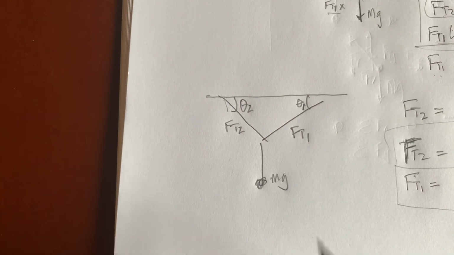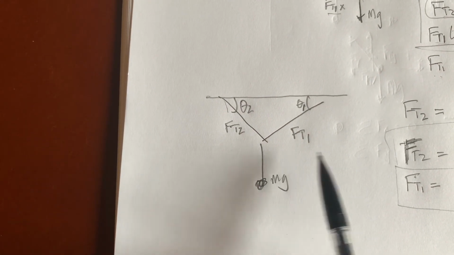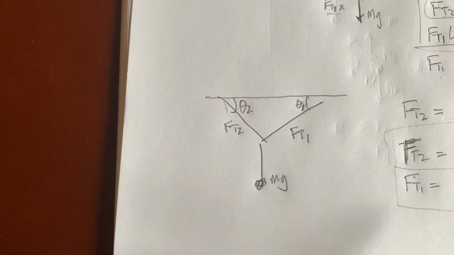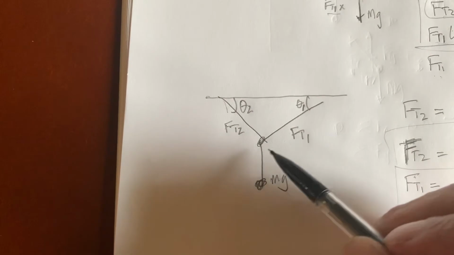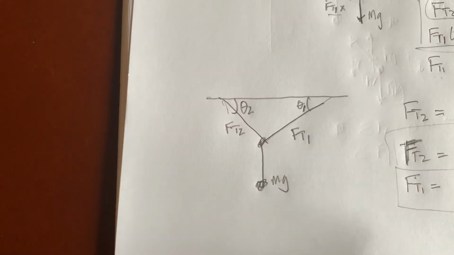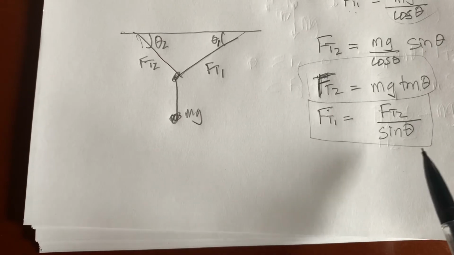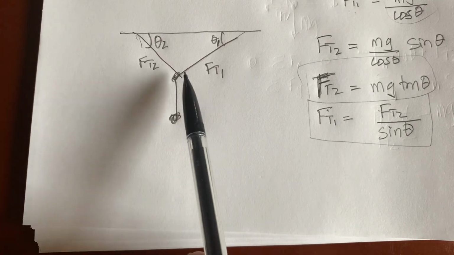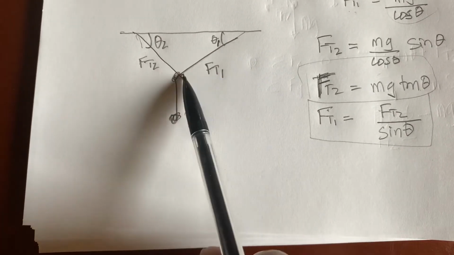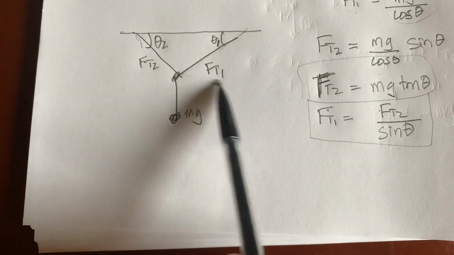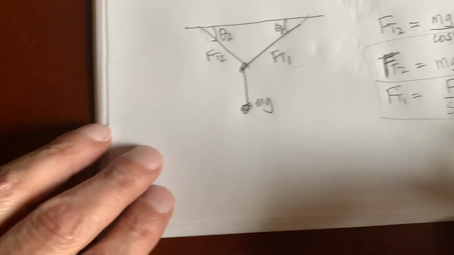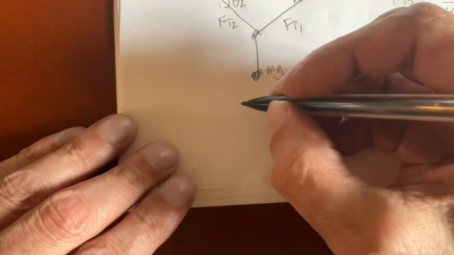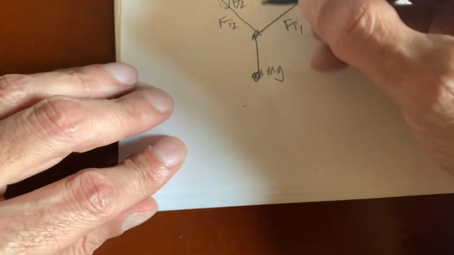And you could similarly work through a process like this to resolve FT1 and FT2. Again, you would end up with two equations and two unknowns. Instead of this one here having only one component, now it has two.